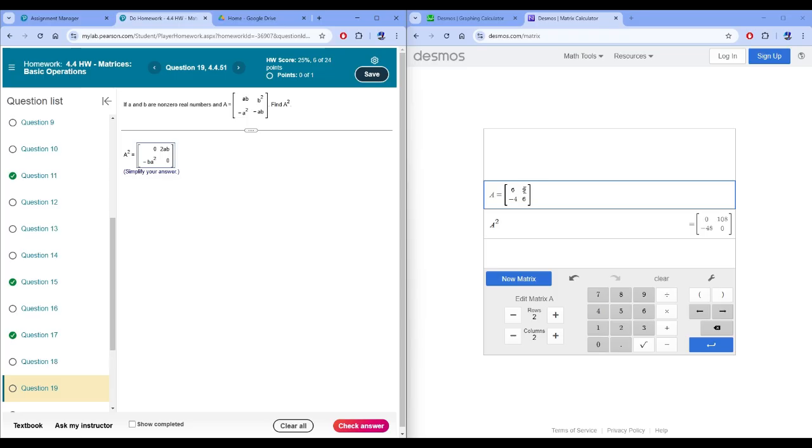How do I go from 9 to 108? That's 9 times 12. How do I get 12 from this? 12 is 12. 2AB B squared.